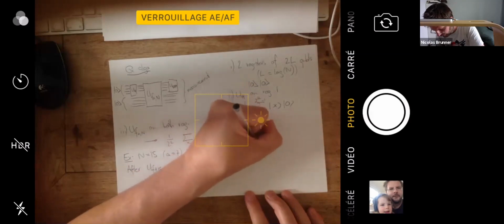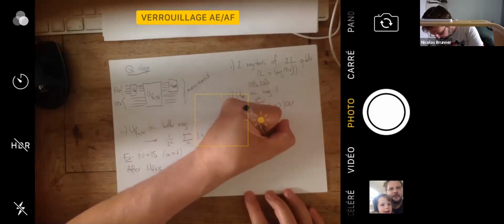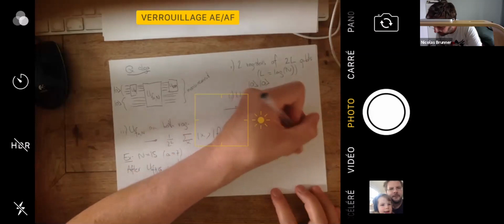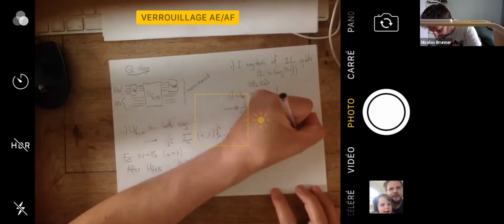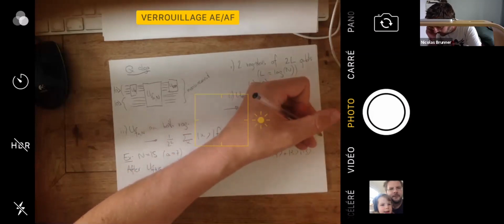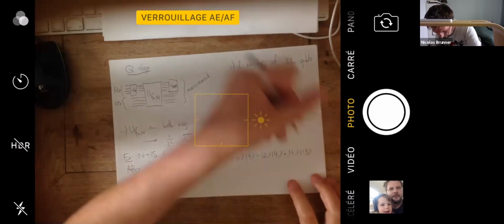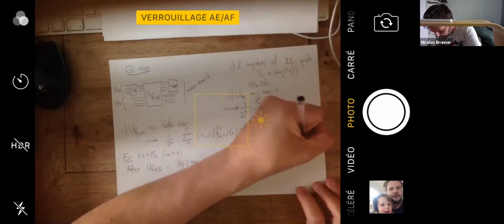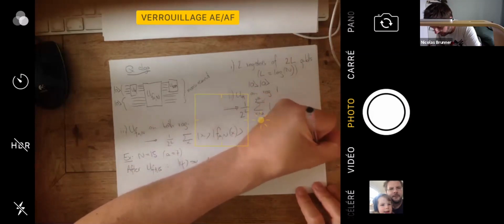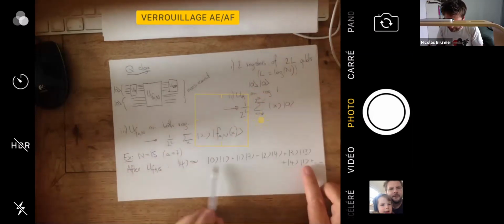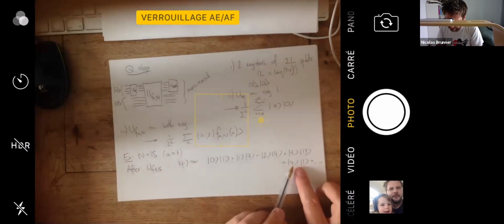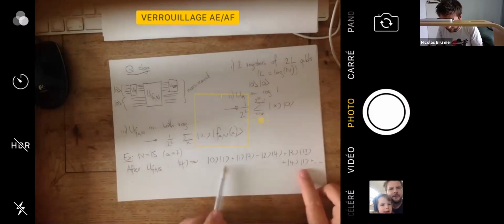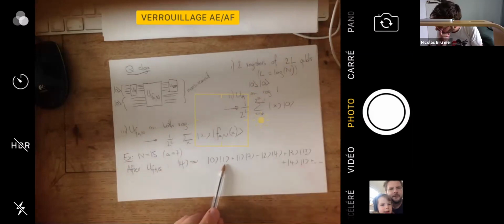Then 2, 4. Then 3, 13. And then 4, 1, etc. The period is 4, right? So at 4, I go back to the initial value of the function.